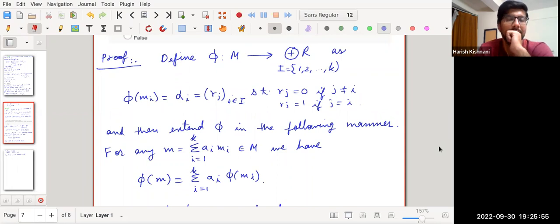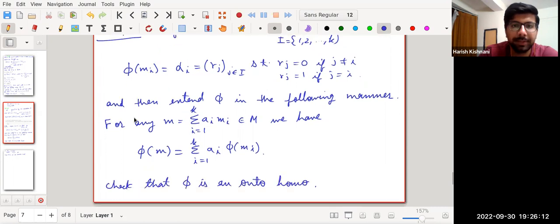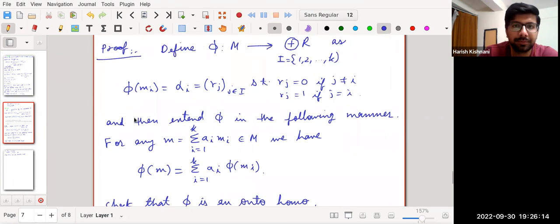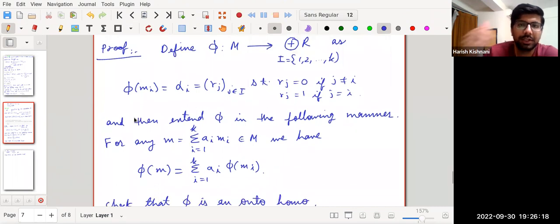Oh, sorry, it is an injective map because each generator is being mapped to a sequence, and as these mi's vary, these sequences will vary. So this is going to be an injective homomorphism.